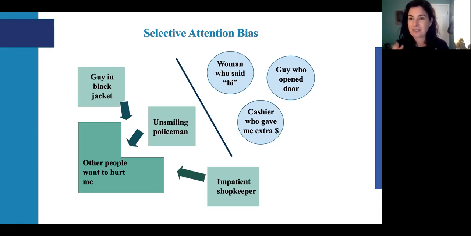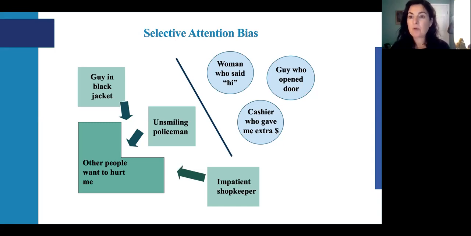Those are neutral or positive things, but they get weeded out in people who have paranoia and these kinds of delusional beliefs, who instead focus on the neutral or slightly negative things, and all of that triggers the belief that other people want to hurt me, or whatever the paranoid belief is that the person might have.